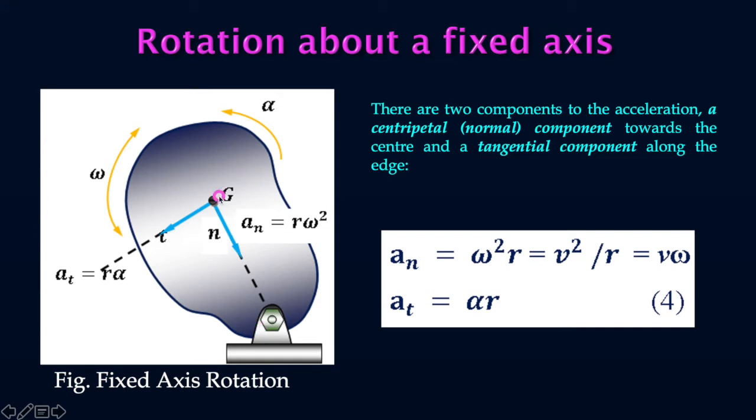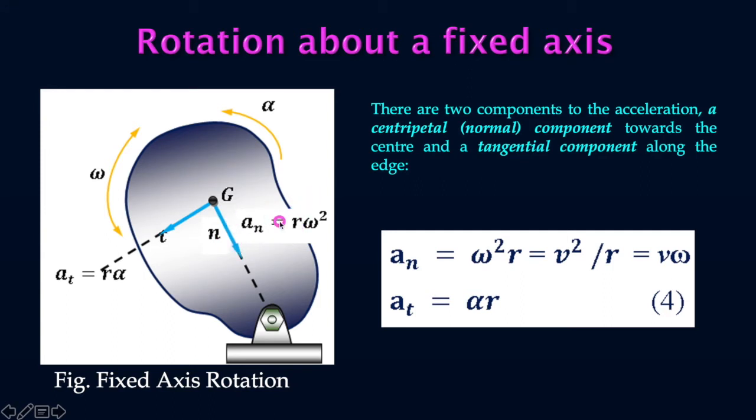The other is the tangential component, which equals r into alpha. The normal component is a function of angular velocity, whereas the tangential component is a function of angular acceleration, and these two components are mutually perpendicular, so they are independent components.